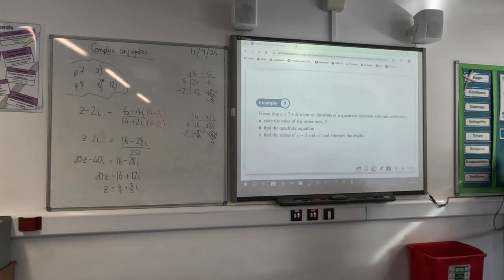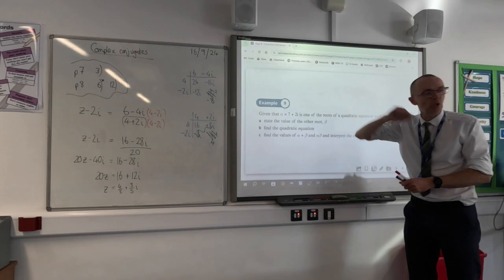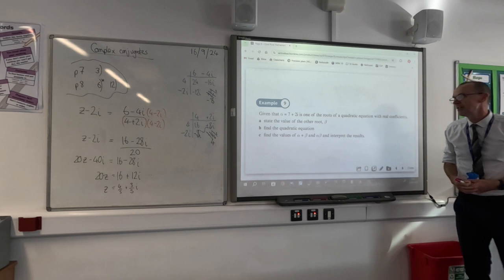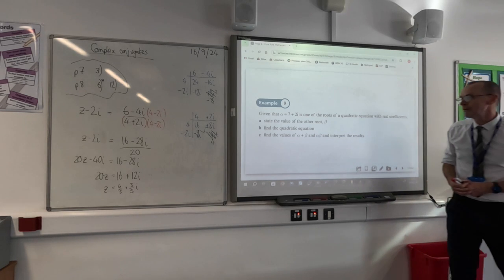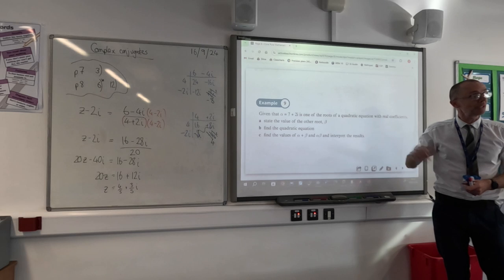So let's apply this complex conjugate thing in reverse. Rather than me giving you a quadratic equation and saying solve it, here's a question where you're given one of the solutions to a quadratic equation and it's a complex number. So you've got to write down the value of the other solution, the other root.